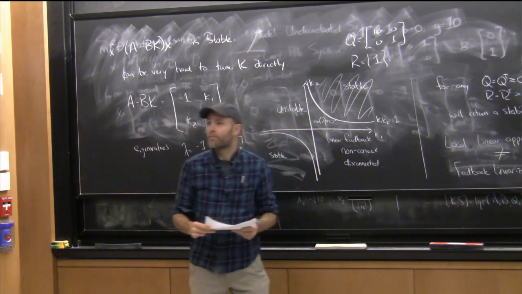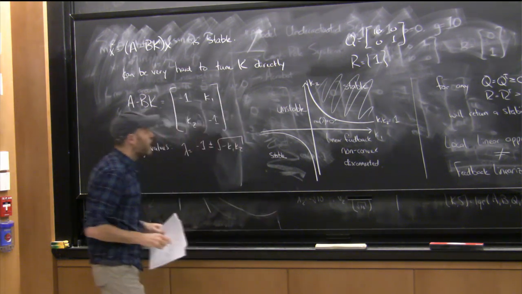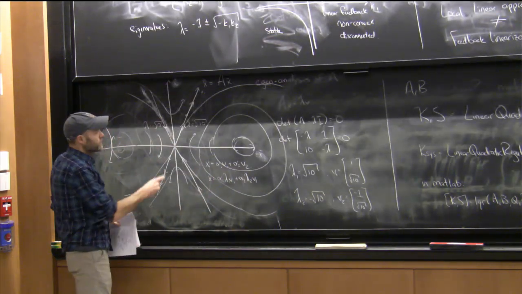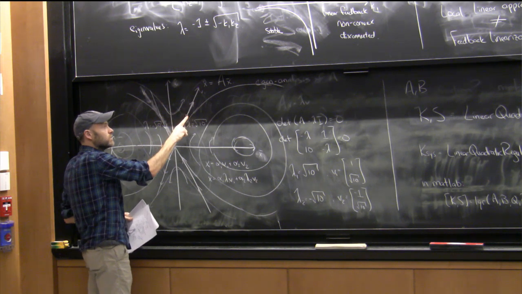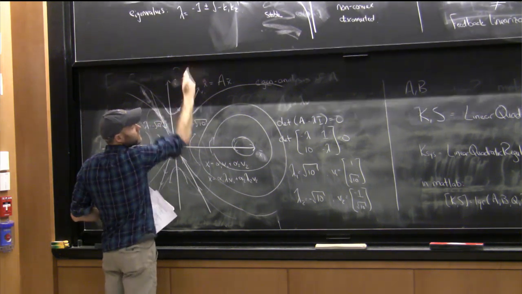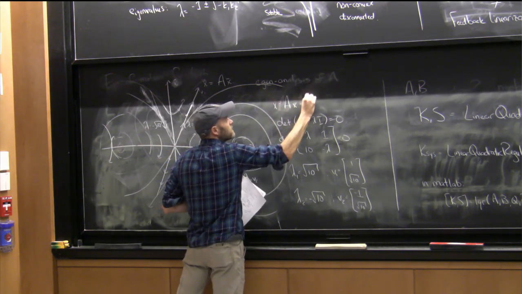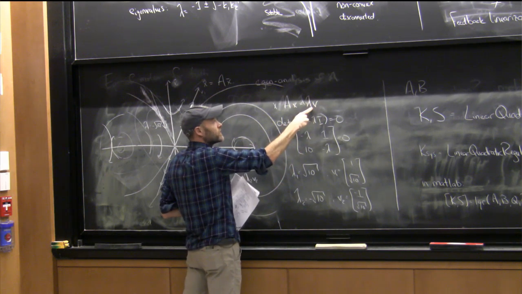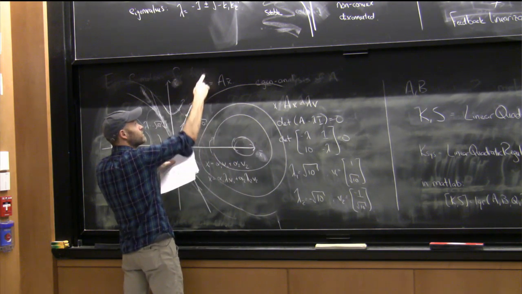Yes? Could you re-explain the condition of eigenvalues to make systems stable? Oh, good. So we saw that along an eigenvector, x dot equals Ax equals lambda times v. So along an eigenvector, I just get lambda times v, which means that if lambda is positive, I'm moving this way.